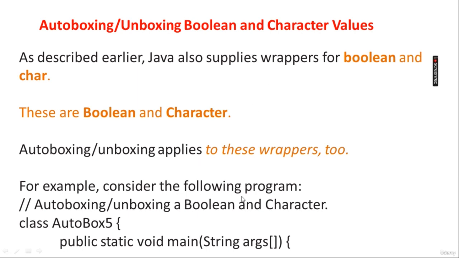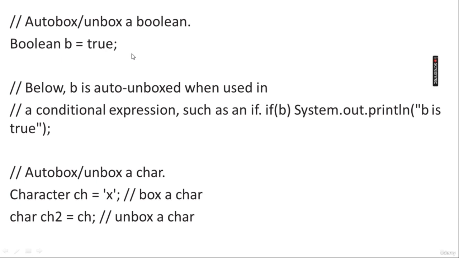For example, consider the program for autoboxing of Boolean and Character that we are going to see. Now Boolean b is initialized to true. Below, b is auto unboxed when used in a conditional expression such as if (b), System.out.println, b is true. The class is not a small b, it is a wrapper class, Boolean.